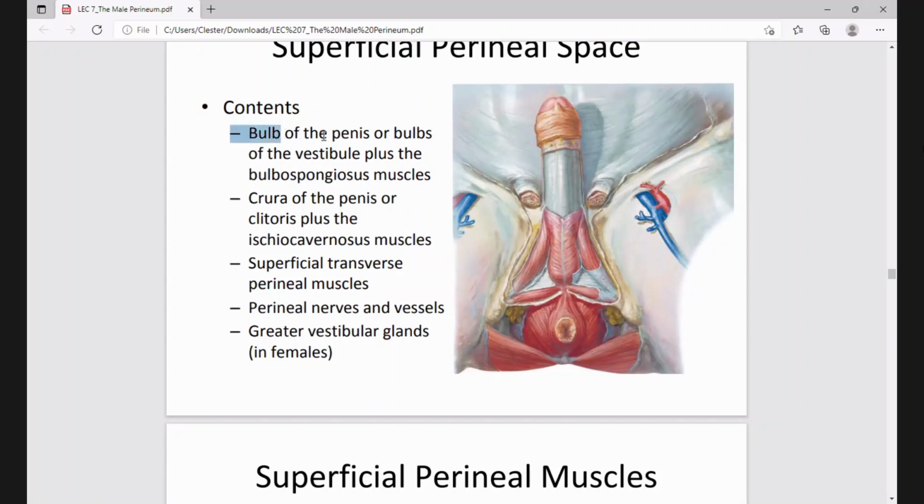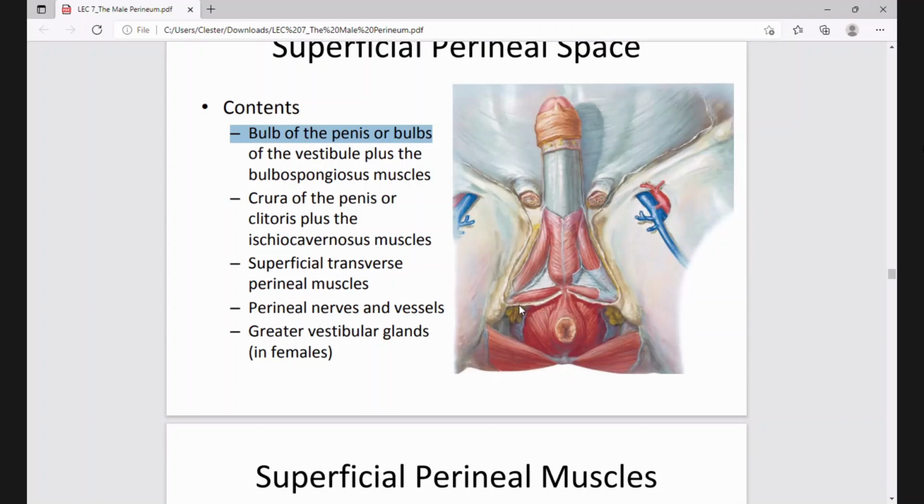The bulb of the penis, or in the female, the bulb of the vestibule, plus the bulbospongiosus muscle. Also, we find the crura, or the root of the ischiocavernosus, which is continuous with the corpora cavernosa and the body of the penis.